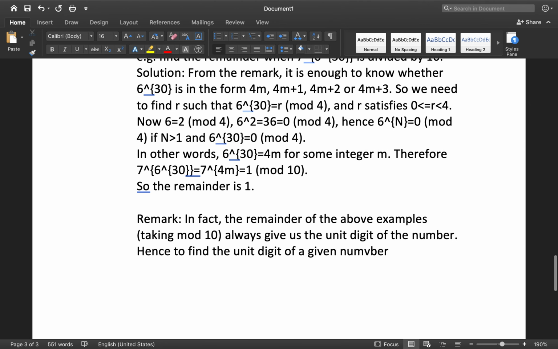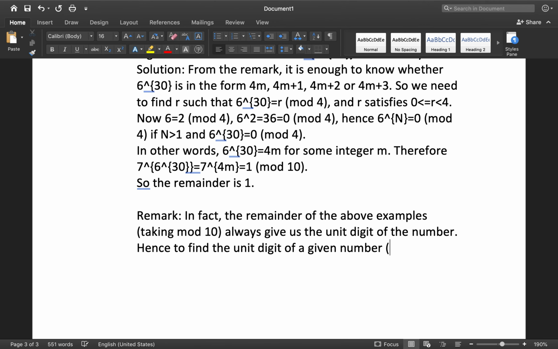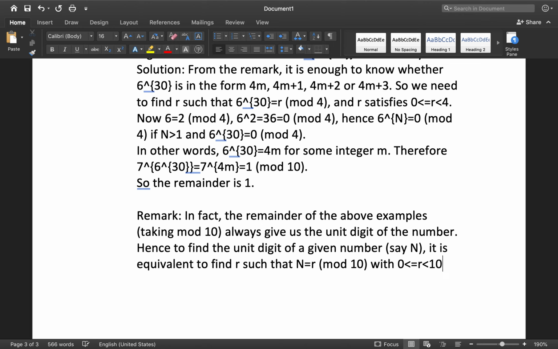So to find the unit digit for a given number n is equivalent to finding R such that n is congruent to R modulo 10 with 0 less than or equal to R less than 10. Once you can do that, you get the remainder, and the remainder also tells you the unit digit of the number.